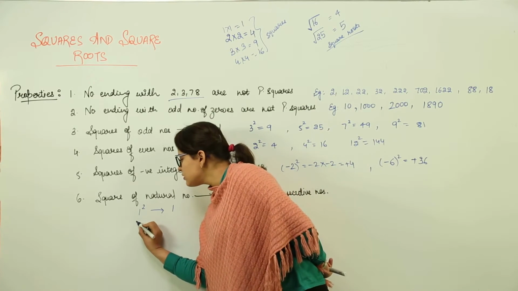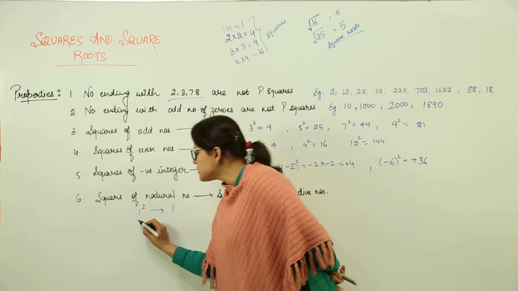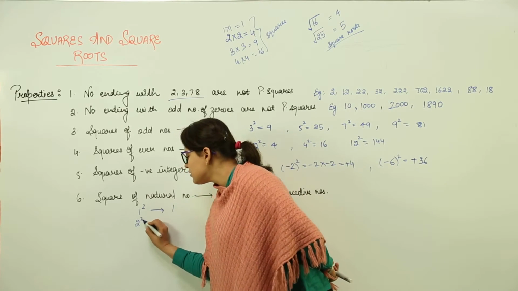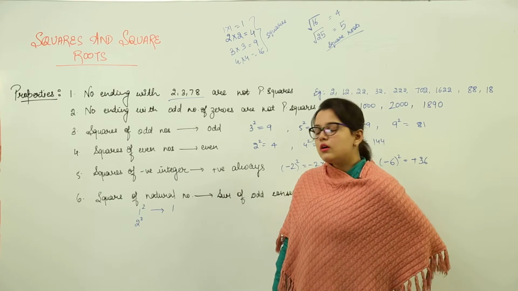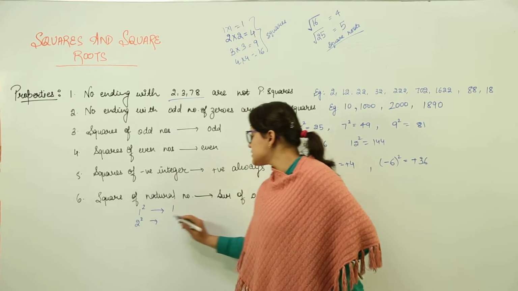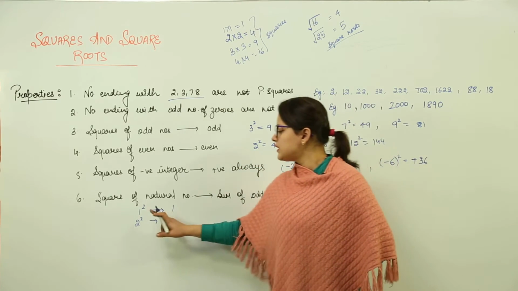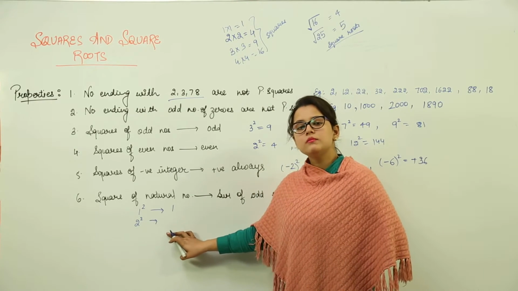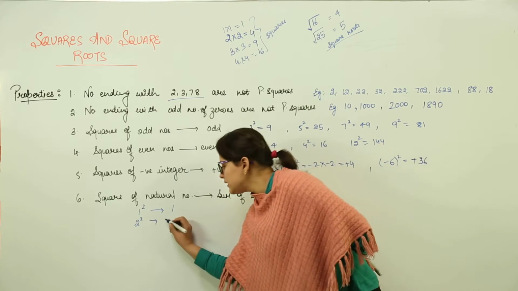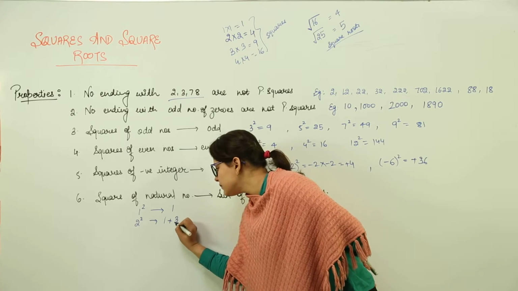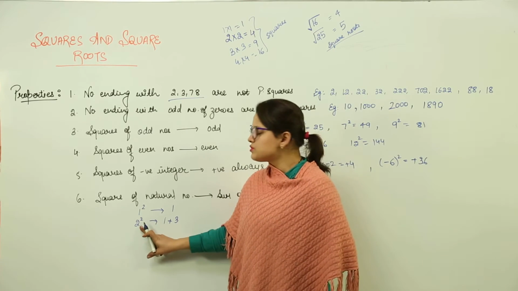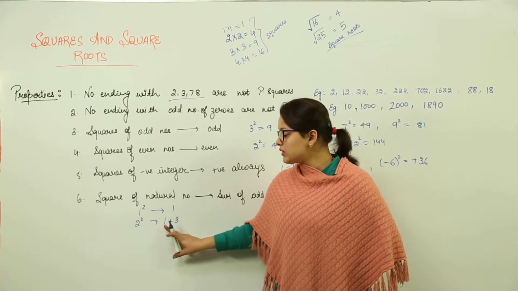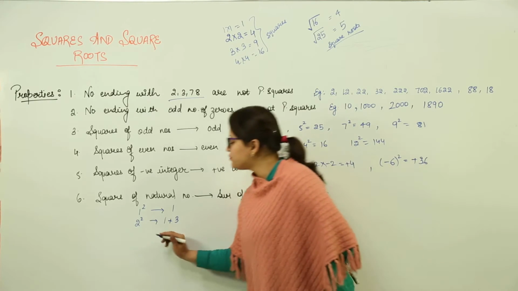Similarly, you can check for the next natural number, that is 2 squared. Now this will be equal to the sum of odd consecutive numbers. We are taking the second number, so how many numbers will we be taking? 2 numbers. I'll take 1 and 3. Just check. What is 2 squared? It is equal to 4. And what is 1 plus 3? This is also equal to 4.